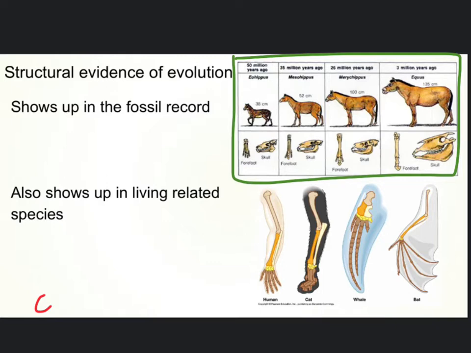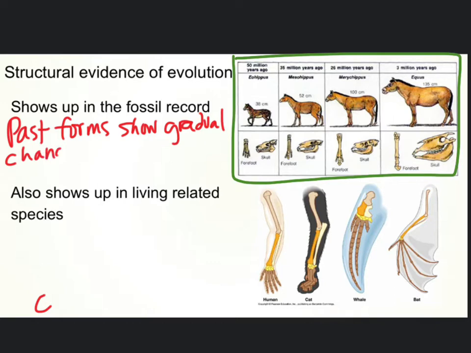But what we see in the fossil record is that past forms or past species show gradual changes to present forms. We can see structural similarities, and we can see structural differences.